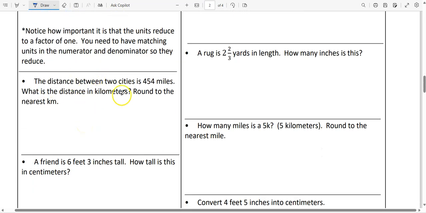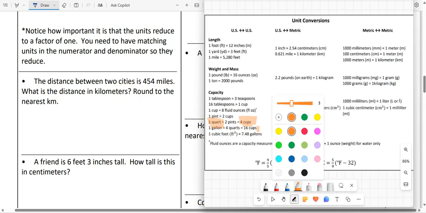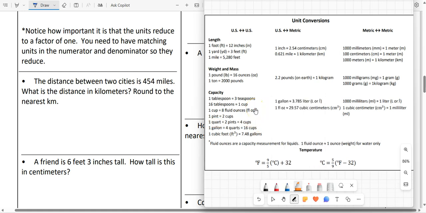Here we have the distance between 2 cities is 454 miles. All right, let's take a look here. So we're trying to go from miles to kilometers. And we do have this one that goes from miles to kilometers that we'll use. So we have 0.621.